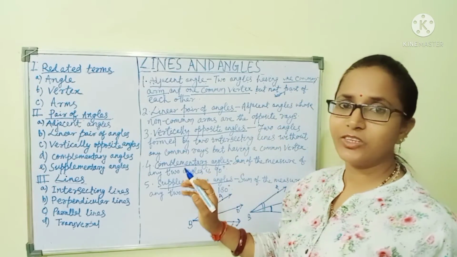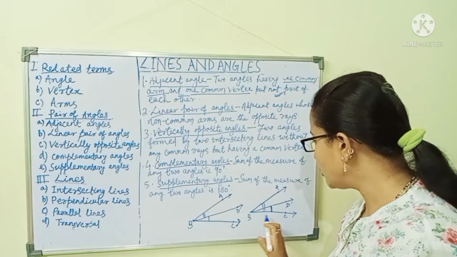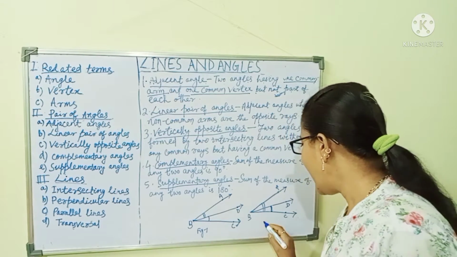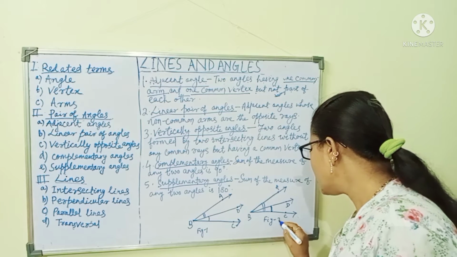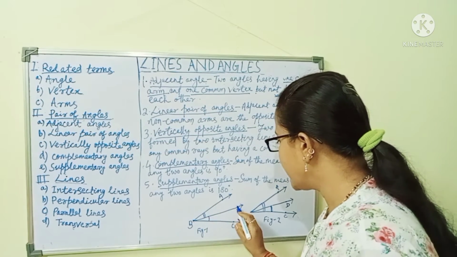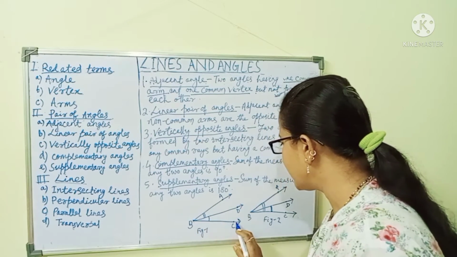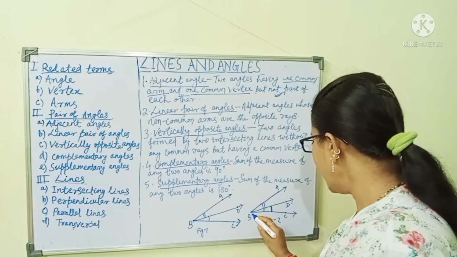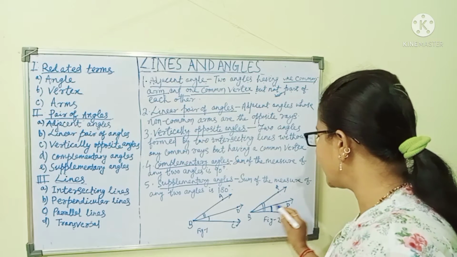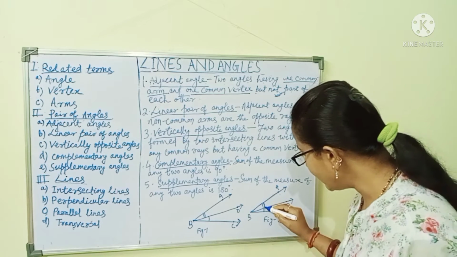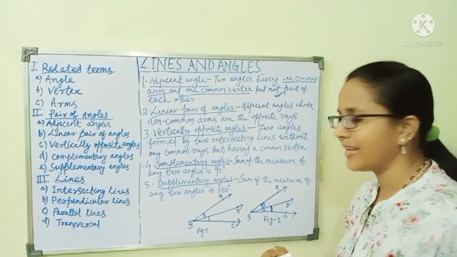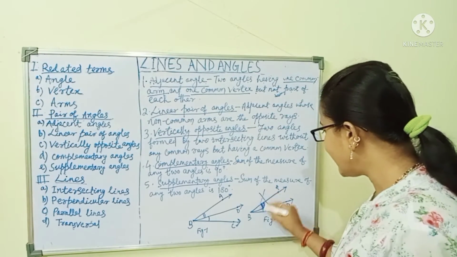From these two figures, figure 1 and figure 2, we can find out that here ABD is adjacent to DBC angle, but here ABC is not an adjacent angle of CBD, because this angle is a part of this angle and this angle is a part of the whole angle. So they are not adjacent angles.